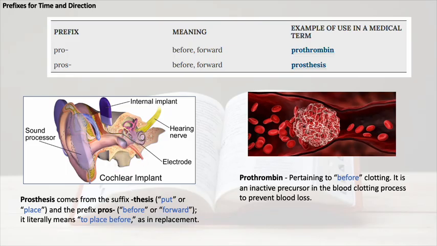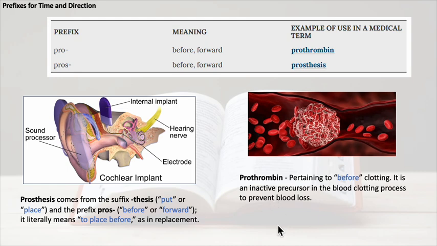Prothrombin is an inactive precursor in the blood clotting process to prevent blood loss. Now, thrombin is, again, specifically a clotting protein. So prothrombin is an inactive protein that's circulating in the blood, and it is a precursor.